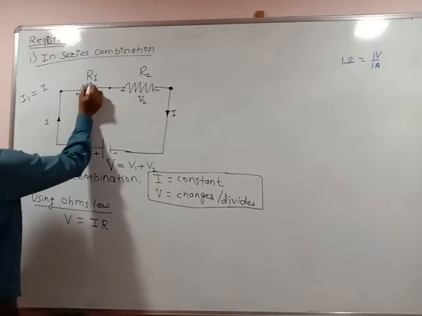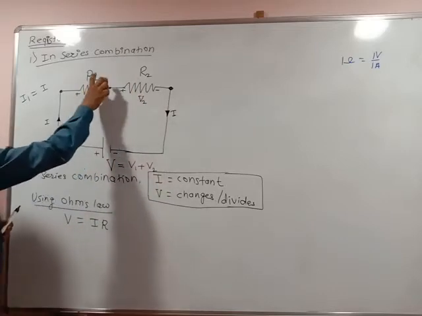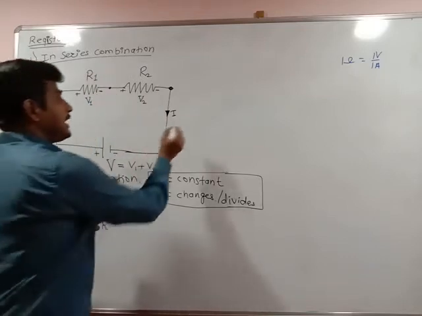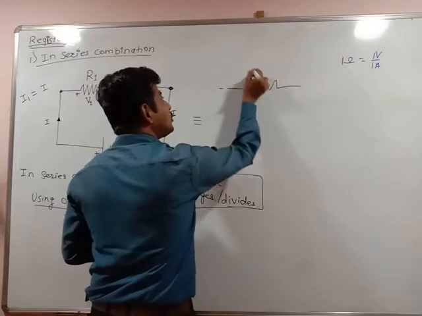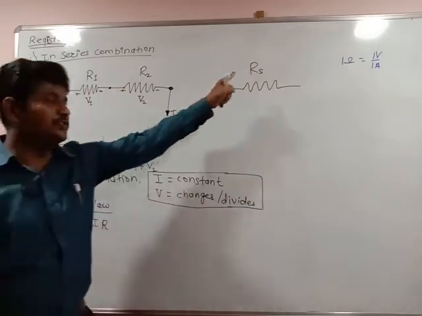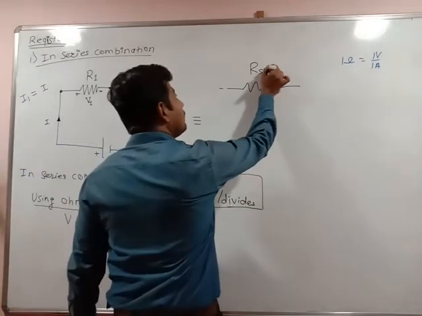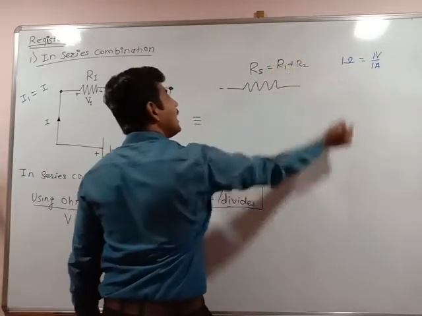Okay, R1 plus R2, that gives what? Equivalent resistance. After combining these two, there will be one equivalent resistance. So this is said to be equivalent resistance RS. Resistance in series combination RS always equal to R1 plus R2.